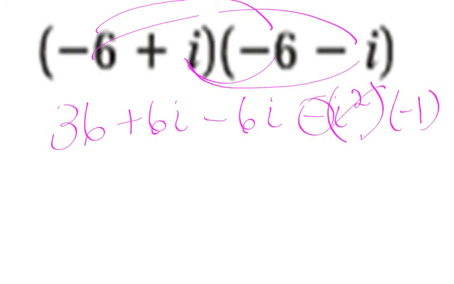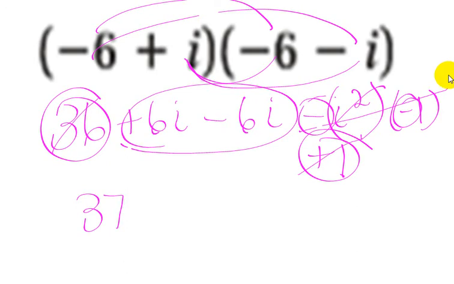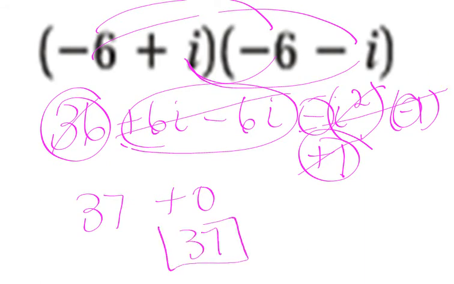Well, negative times negative 1 is a positive 1. Now we've got 36 plus 1, which is 37. And then 6i minus 6i goes to 0. So our answer is 37. Everybody see that? So our i terms went away. We're just left with a real number.